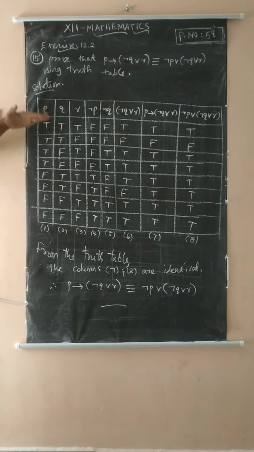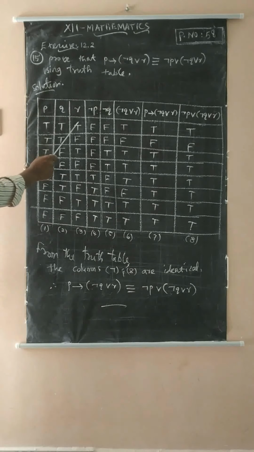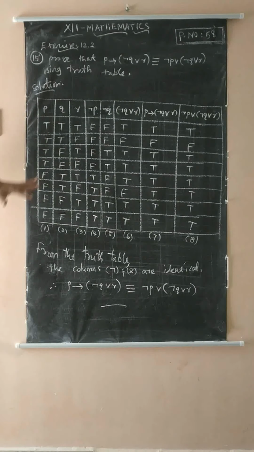There are 8 possibilities. For P, 4 are true and 4 are false: true, true, true, true, false, false, false, false. Q is true, true, false, false, true, true, false, false. R is alternately true, false, true, false, true, false, true, false.